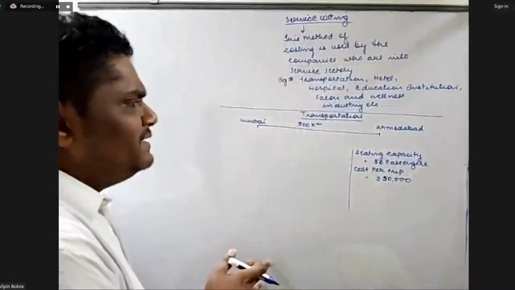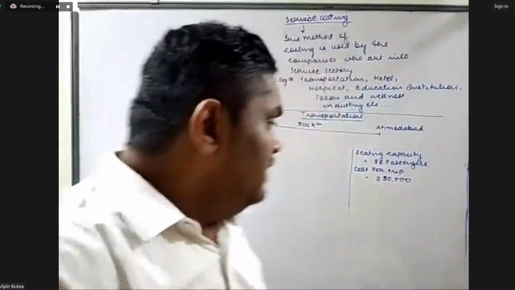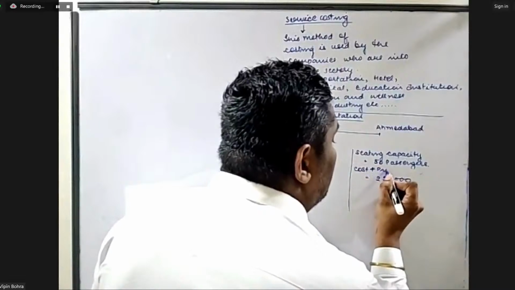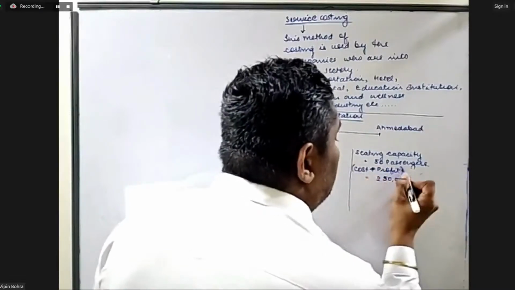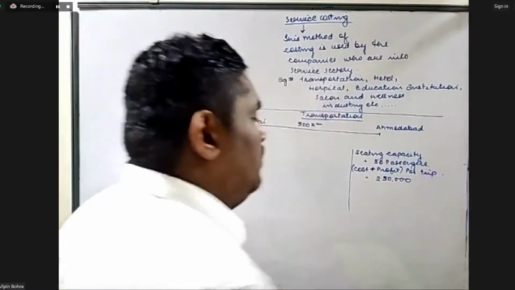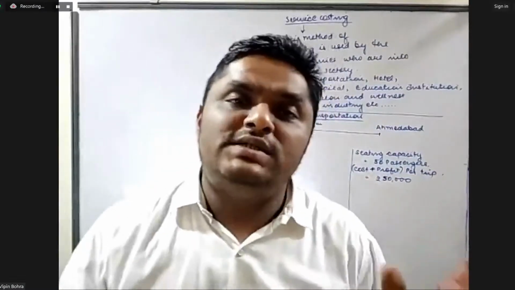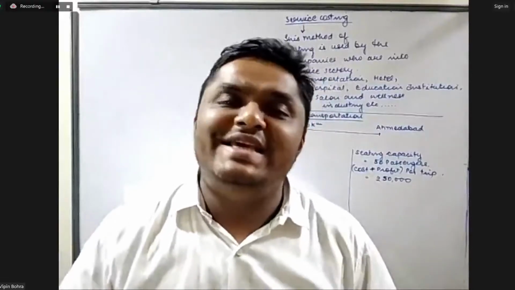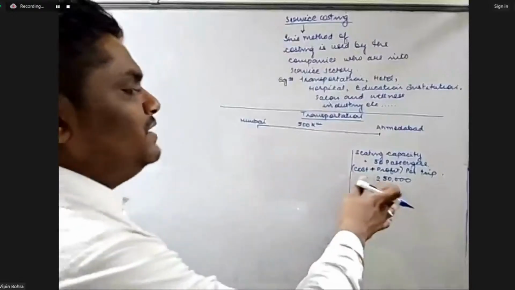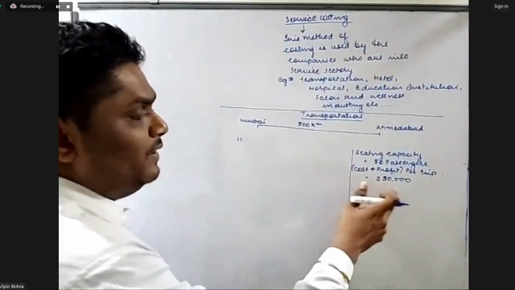So in this case, I can easily calculate the fare to be charged from a passenger. Let's say this is cost plus profit per trip, that is rupees 50,000. If we are running a non-stop bus service from Mumbai to Ahmedabad, it's very easy to calculate the fare per passenger. How much revenue am I expecting?